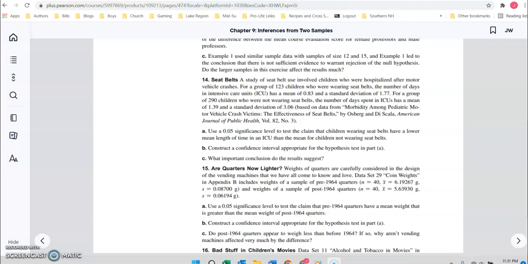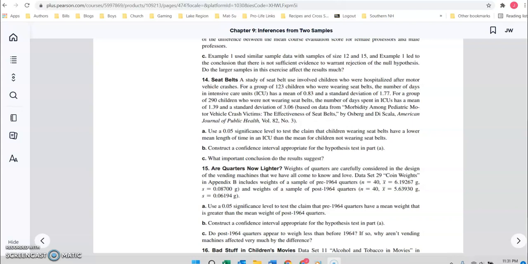So this example here, a study of seatbelt use involving children who were hospitalized after motor vehicle crashes. We have 123 children who were wearing seatbelts. The number of days in ICU was 0.83, with a standard deviation of 1.77. Now we had then 290 children who were not wearing seatbelts.